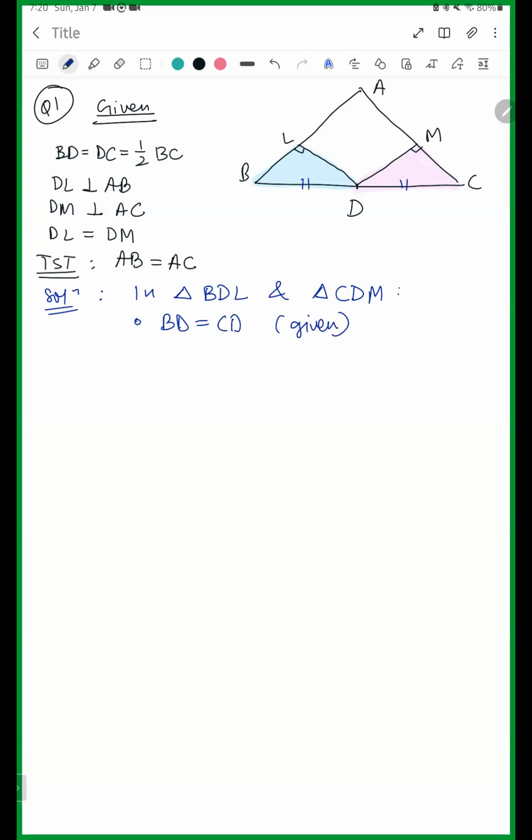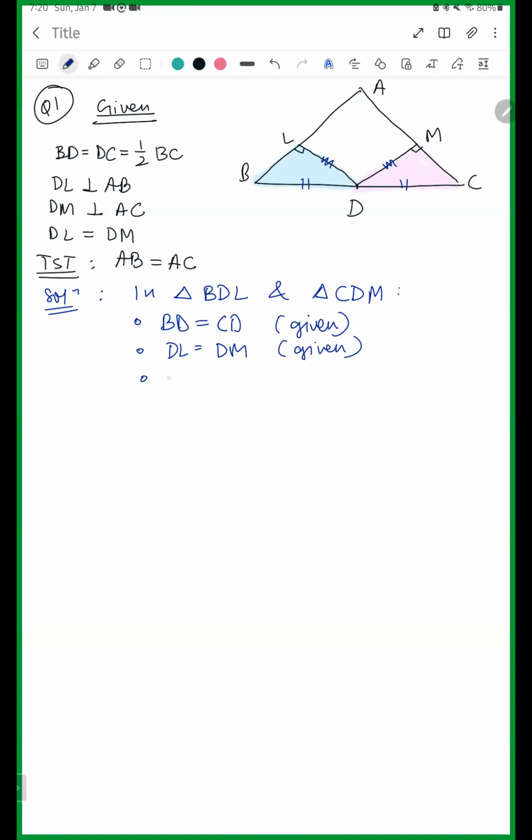Then we have given that DL is equal to DM. DL is equal to DM, given. This thing is equal to this thing. It's given. And also there's a right angle over there.